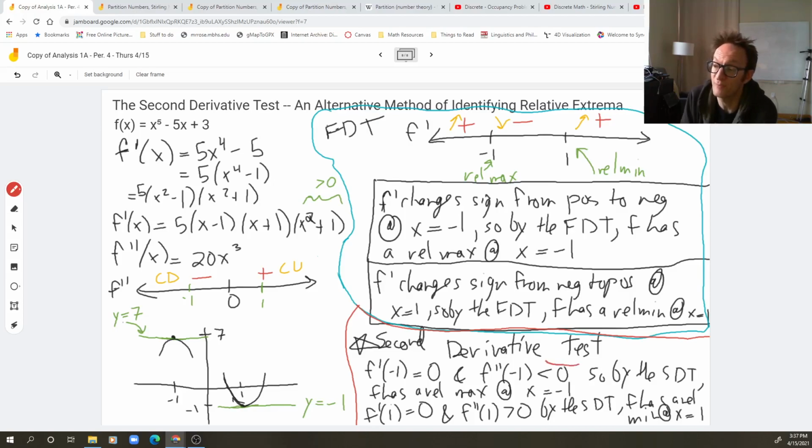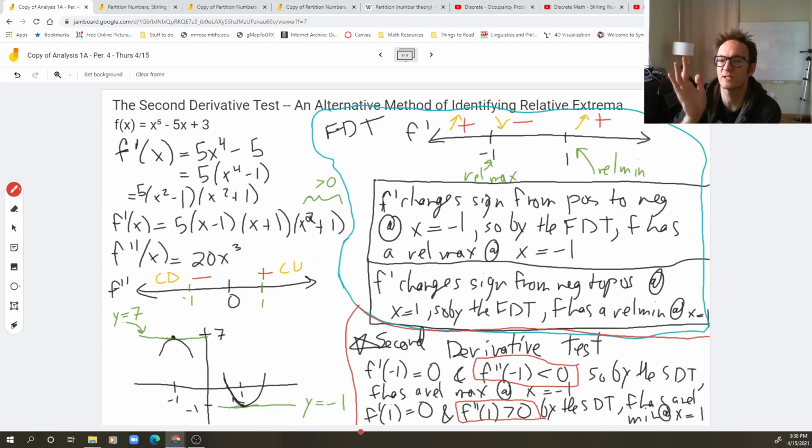You could have just plugged -1 into the formula for the second derivative and gotten a number and noticed that it was negative. You could have just plugged 1 in and noticed that what you get is positive. In fact, when you plug in 1, you get 20. When you plug in -1, you get -20. So you don't even need to make this sign chart at all.